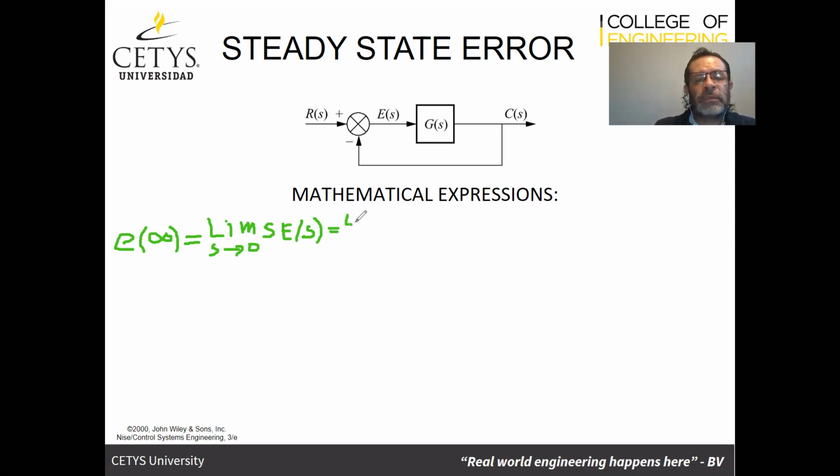So the limit when S tends to 0 of S multiplied by R of S multiplied by 1 over 1 plus G of S.